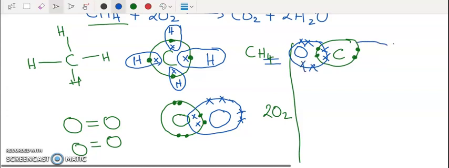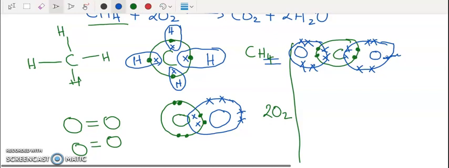And another oxygen is going to come here. Oh, this doesn't come here. That's not that. So can you see that including all of this, it becomes 8 electrons.